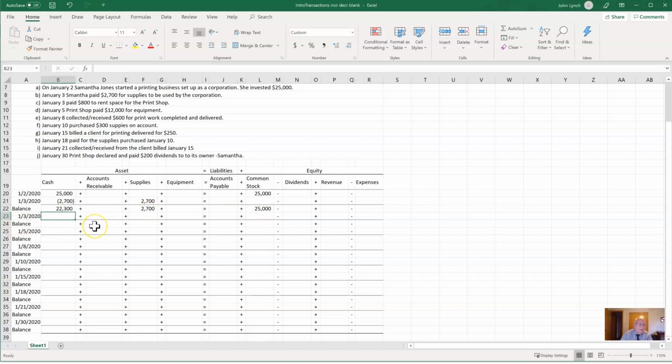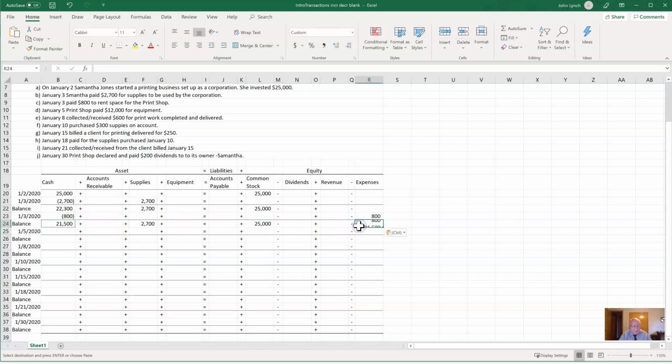Then on January 3rd, we paid $800 for office space. Since we paid it, that's a negative cash amount, and for office space, that will increase our rent. So then we add these up, 22,300 plus the negative 800, and bring the balances across.